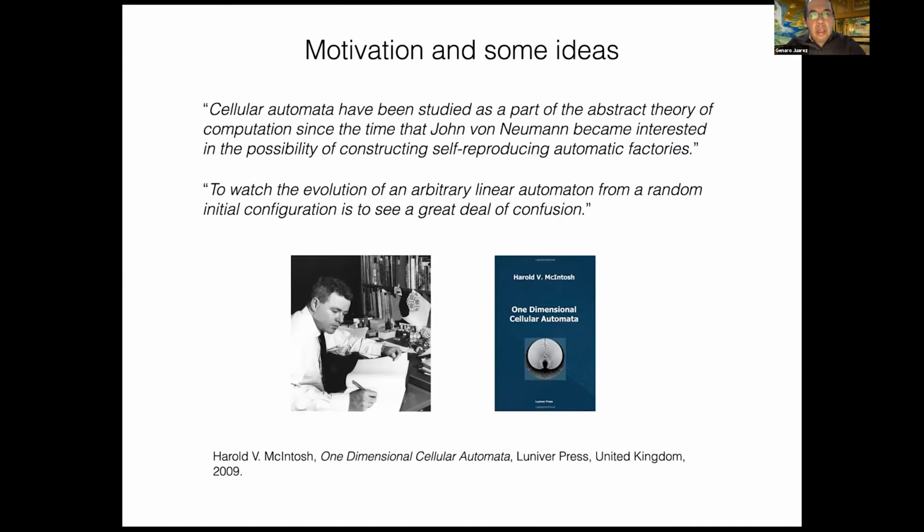Following these motivations, I remember several talks with Professor Harold McIntosh, sometimes talking with him some years ago. At a time in his life, McIntosh had the opportunity to meet with von Neumann in Princeton.